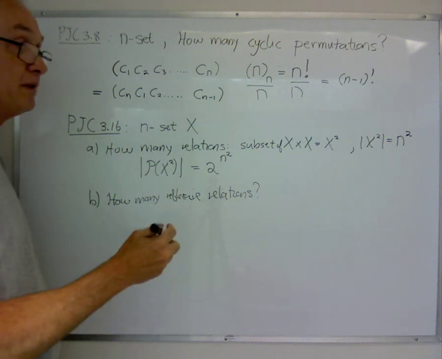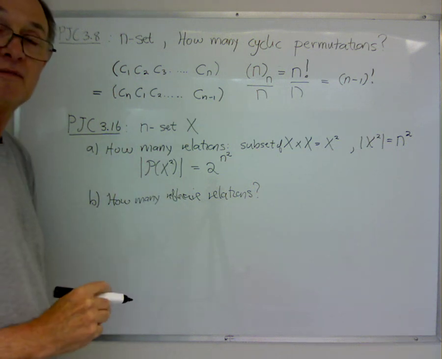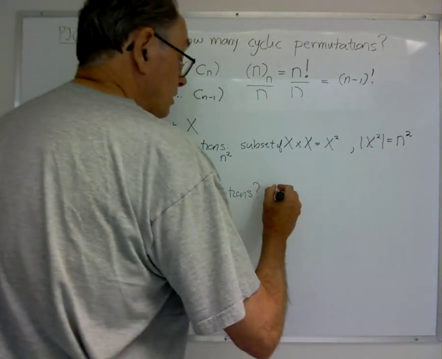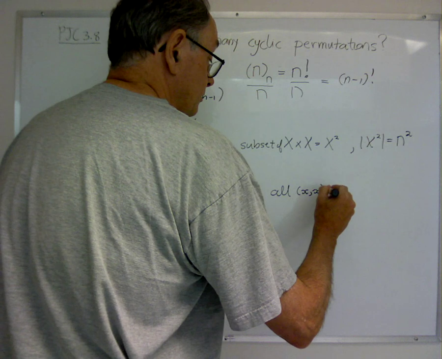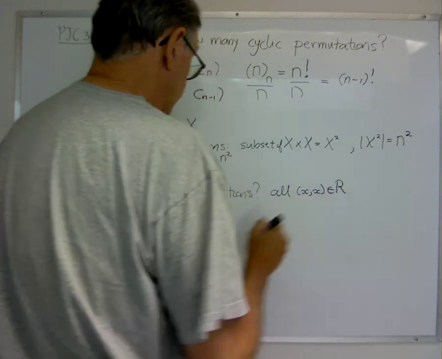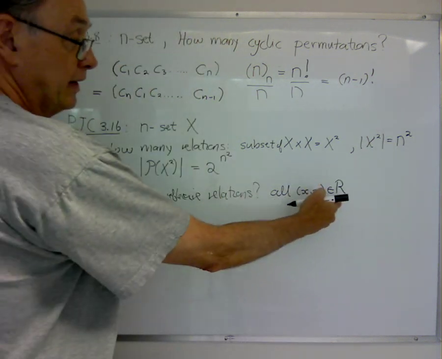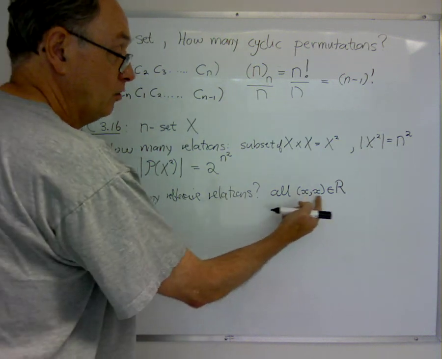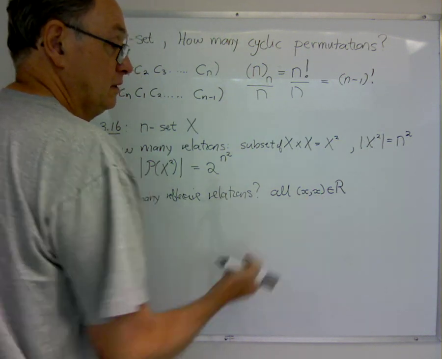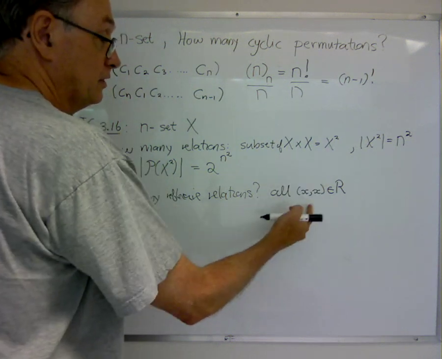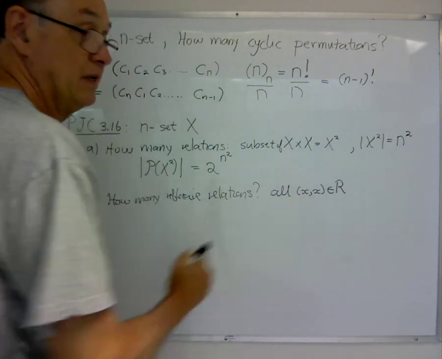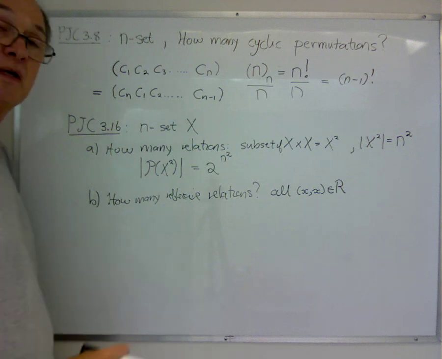That is when all the pairs xx are included, all are elements of the relation. So I've just indicated the relation here by an R. All these elements, the diagonal elements, if you wish, in this space x squared, all the diagonal elements must be in the relation. So how do you count them?